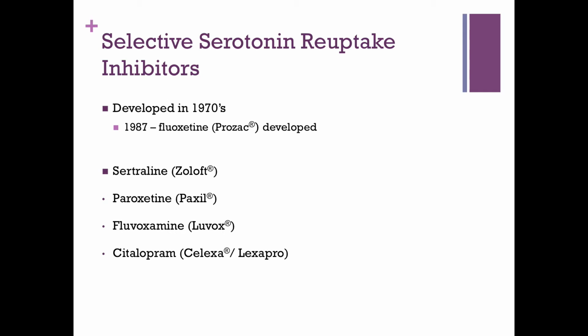Okay, then we have the most popular drug class, and these are usually the first type of drug people use, especially in treatment-naive individuals. They started in the 1970s, and then in 1987, the first drug to hit the market, SSRI-wise, was Prozac, which is fluoxetine. That's really the bread and butter of the SSRI and depression treatment.